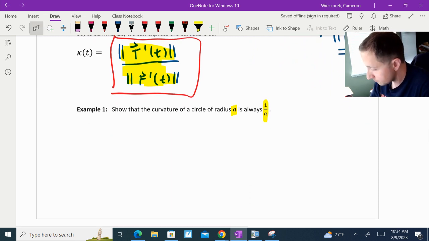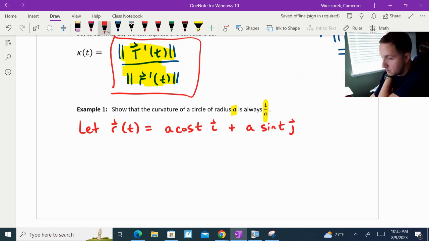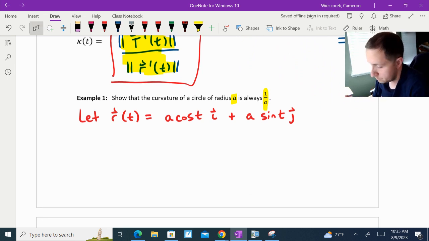So we need to define a circle. Let's let our plane curve, r of t, be given by a cosine t i plus a sine t j. That's our typical parameterization for a circle with a radius of a. We would assume that the range of values of t, if we wanted to traverse this circle once, goes from 0 to 2 pi.